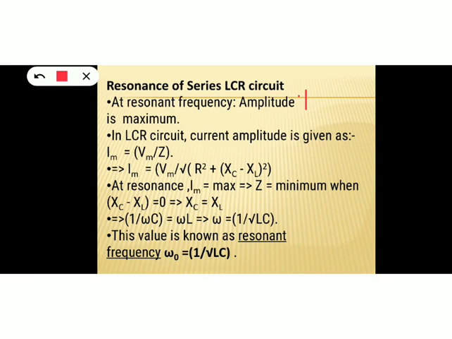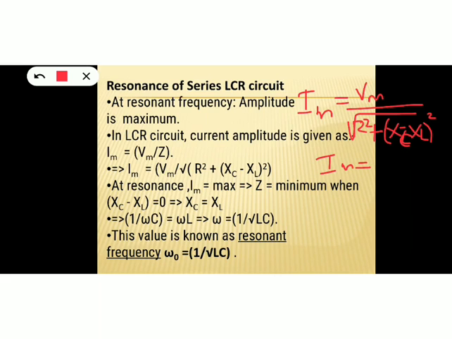Because we know that Im is equal to Vm by the square root of R squared plus (XC minus XL) whole squared. If XC minus XL is 0, then we have Im equal to Vm by the square root of R squared. The square root of R squared is R itself.